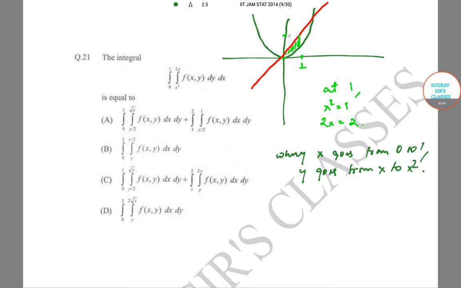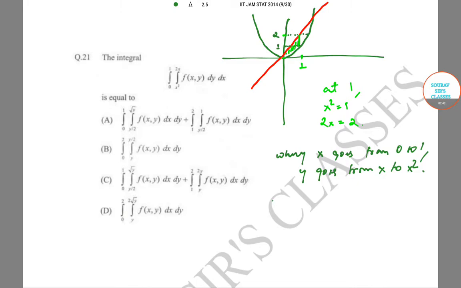Now note here, y would go from 0 to 2, and at this particular point, from 0 to 1, this is 1 and this is 2, so when y goes from 0 to 1 here, x goes from y by 2 to root y.